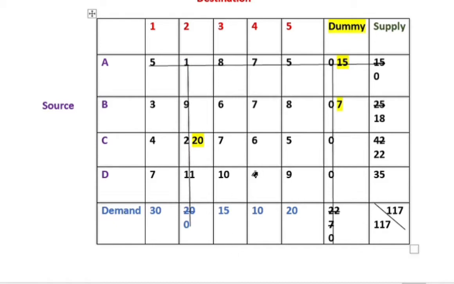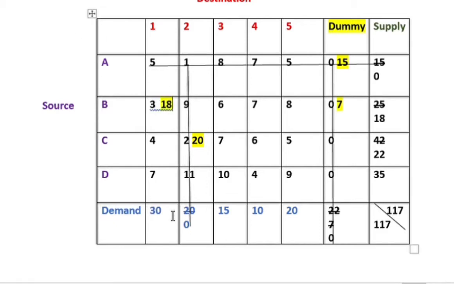Now again we have to check the least cost. We can see the B1 cell has the least cost, that is 3. So we need to check the respective demand and supply: 30 demand and 18 supply, so we can fulfill only 18 demand as we have less supply.